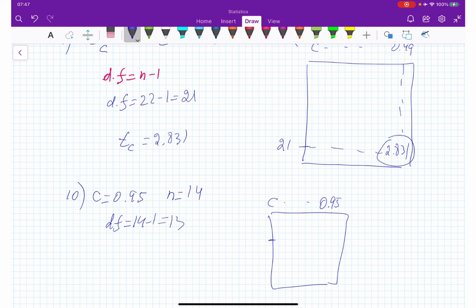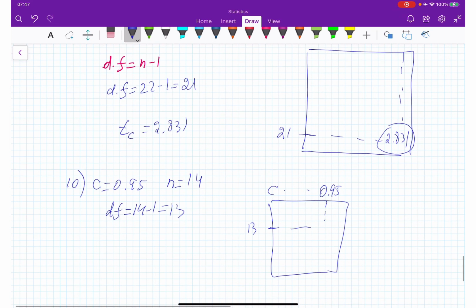Let's say this is my 13, and find the intersection. So 95 and 13. It's going to be 2.160. T critical is going to be 2.160. Okay, moving to question number 11.